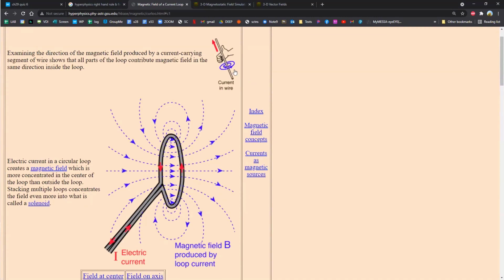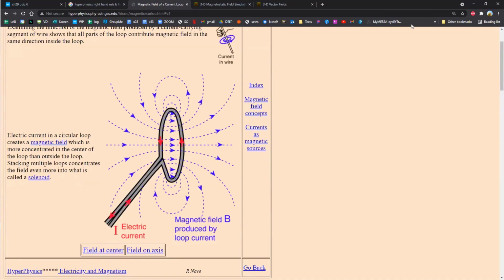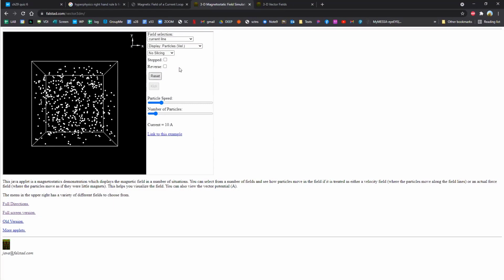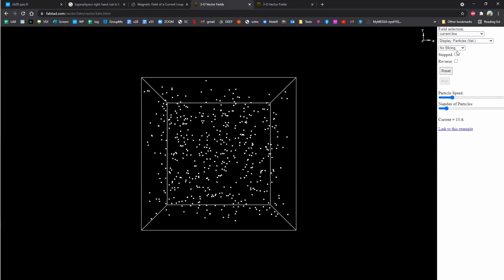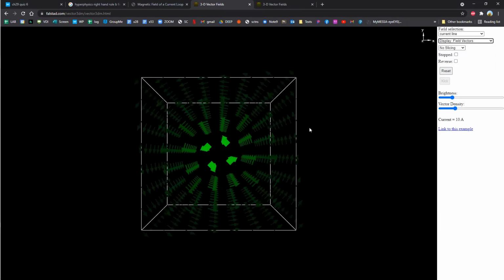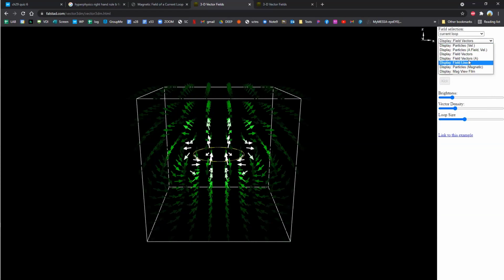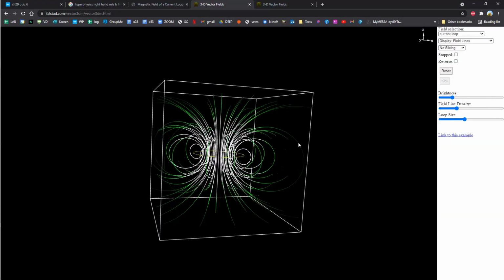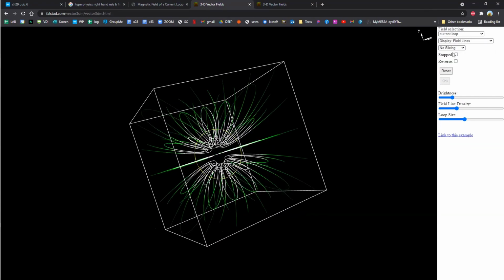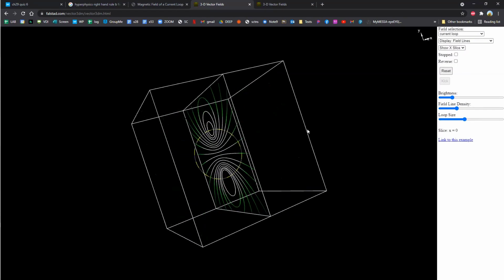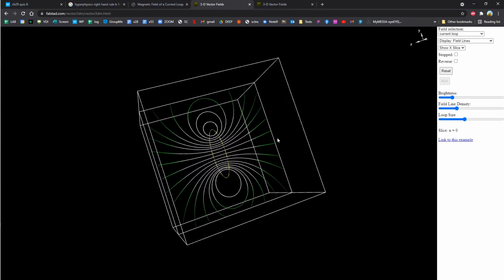So if you play this right-hand rule the right way at enough points, you're going to get this visual right here, which is just what we're seeing in Falstad for a current loop. And we're looking at just the field lines. All right, so there. And again, this is what happens if I look at it in the X-plane. Perfect. So now we've transitioned from a current carrying straight wire to a loop.